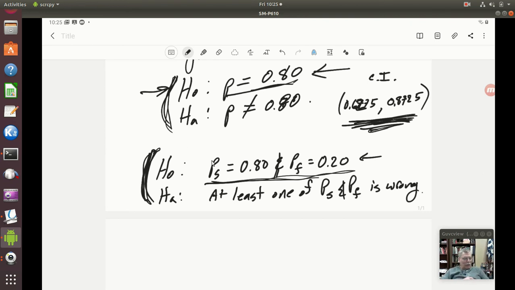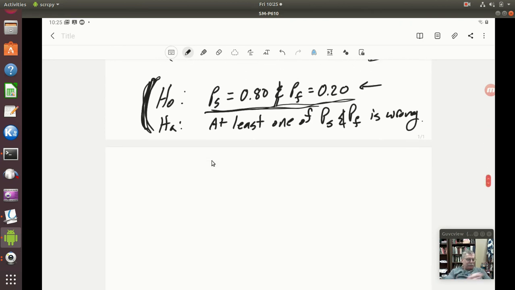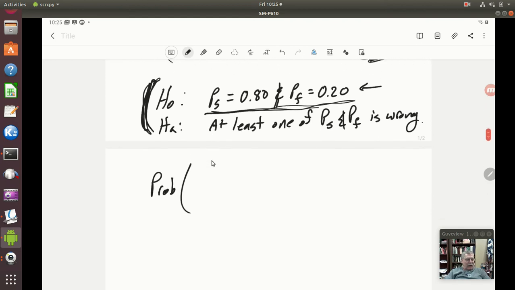The variable is the outcome of the free throws, and it's either a success or a failure. Okay, now on to the hypothesis test. Well, we need to determine what's the probability that we could get our data or worse.